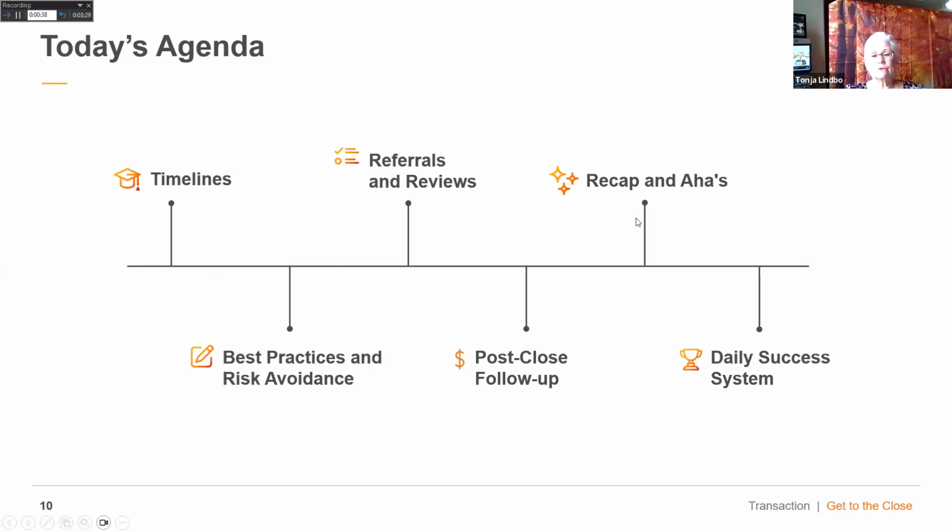And then we'll also go over recaps and AHAs, which is Agent Helping Agent. So how we can help one another, be it a Keller Williams agent or any agent in any agency. It does make it nice when you have more than one transaction with a person. You get to know how they are, and you can successfully work together. And then the daily successes. Any questions?